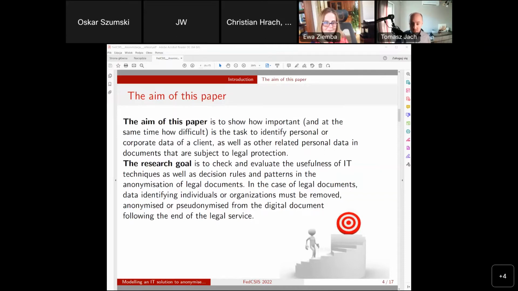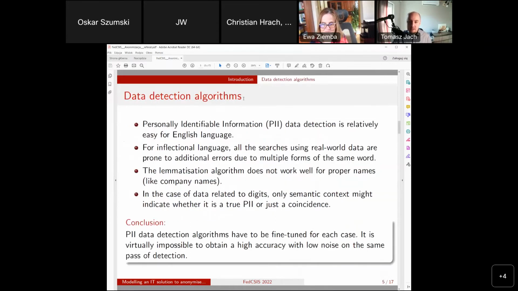There is also a research goal to check and evaluate the usefulness of IT techniques, as well as decision rules, patterns, and any other types of algorithms that we have thought through to anonymize, or de-identify, legal documents.